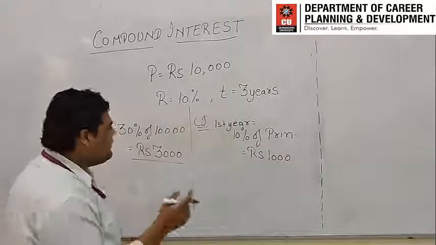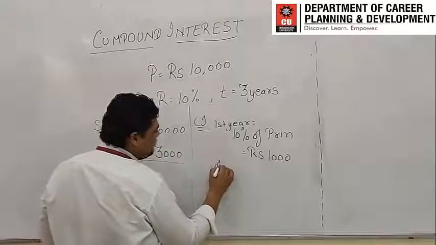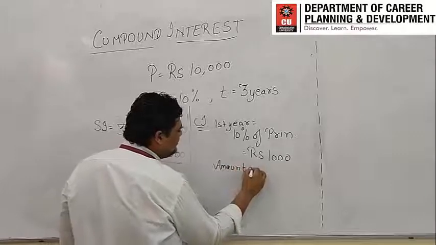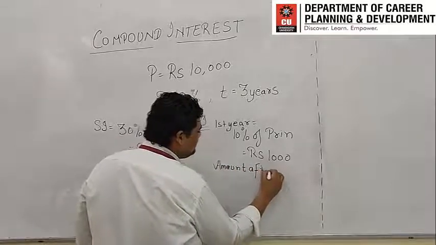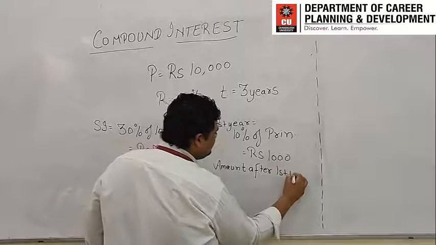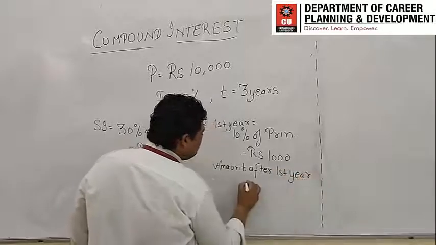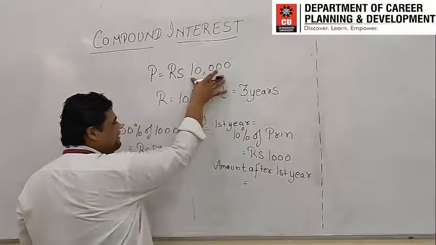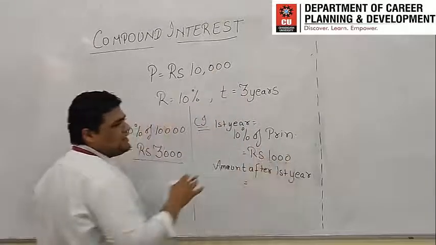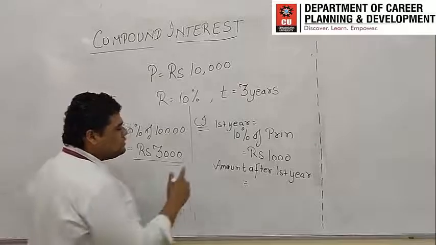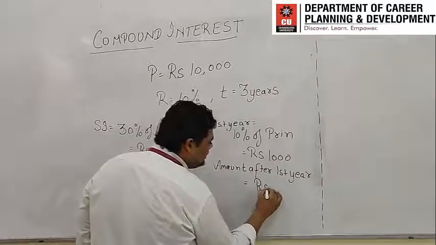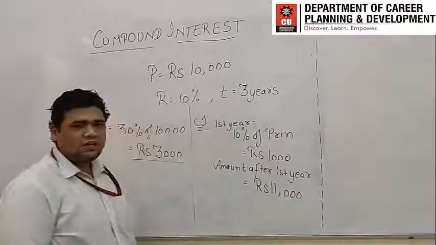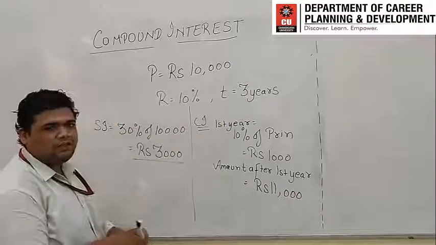Now the amount after the first year will be equal to the principal plus the interest applied for the first year. So the total amount will come out to be rupees 11,000. This amount is coming out to be rupees 11,000 for the first year.